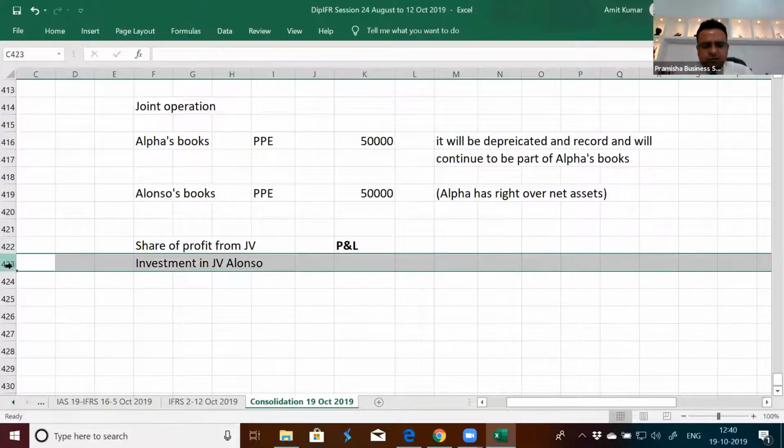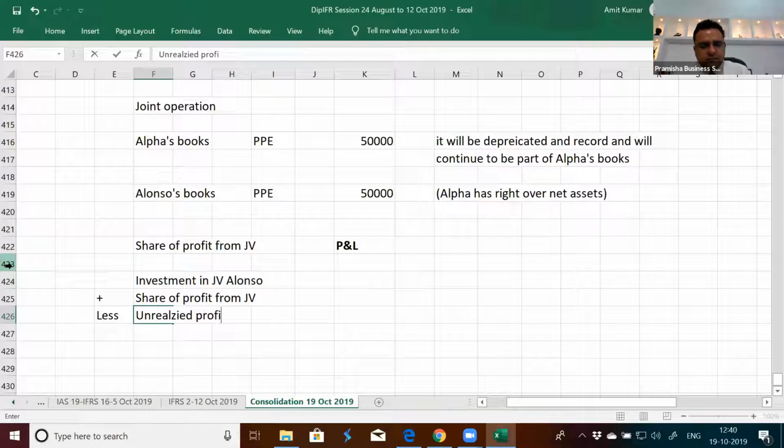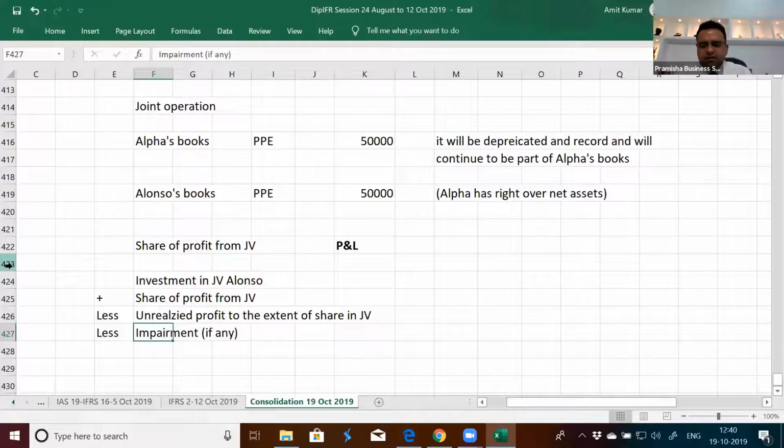And investment in JV will increase at the end of the year by share of profit from JV, and will reduce by any unrealized profit, if there is any, to the extent of share in JV, less impairment if any. So associates and joint ventures are treated in the same manner. This is the reason the standard is known as IAS 28.